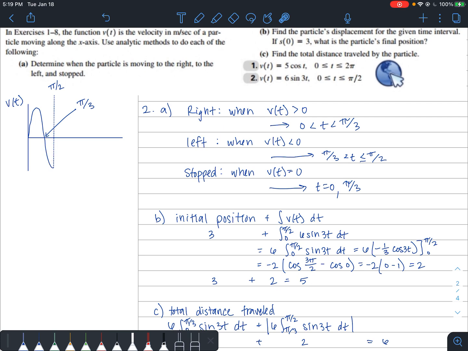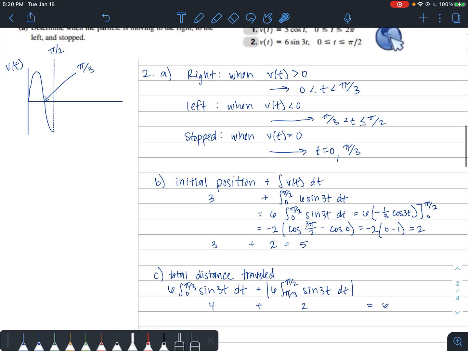Now to find the total displacement, I just need to find the integral of this curve from 0 to pi halves. So I have the integral of v of t dt from 0 to pi halves. Find its antiderivative, calculate all of that, and to make it short, it comes out to be 2. So the total displacement from here to here is 2.